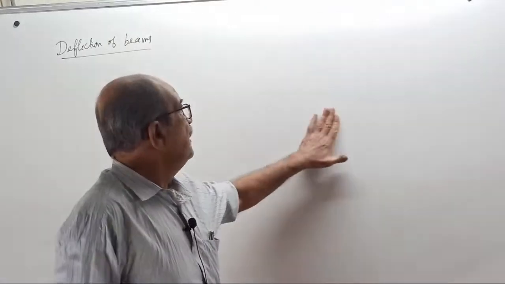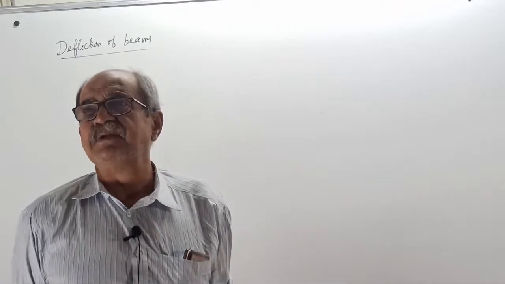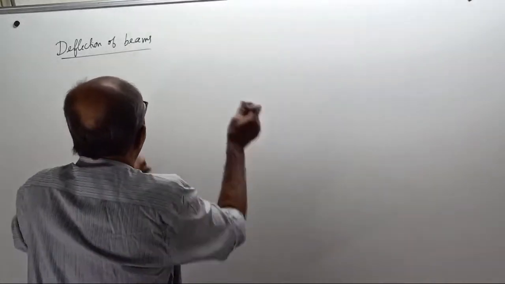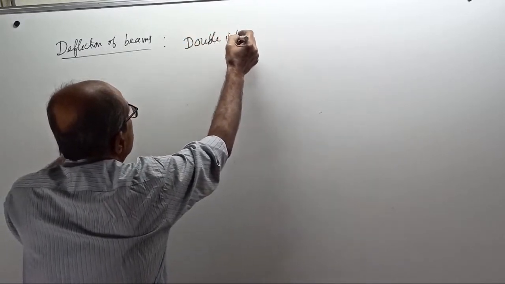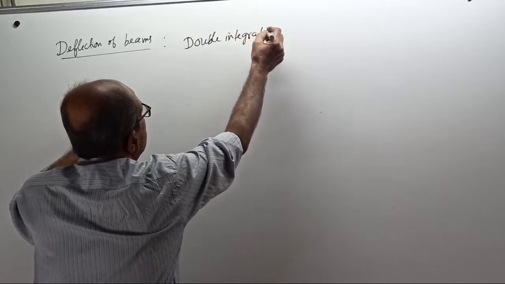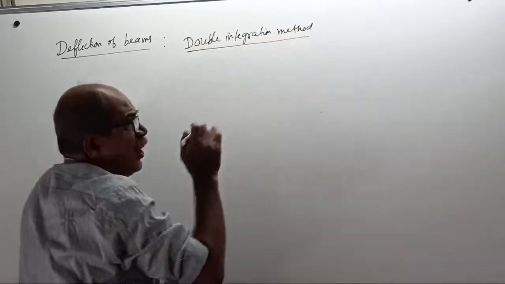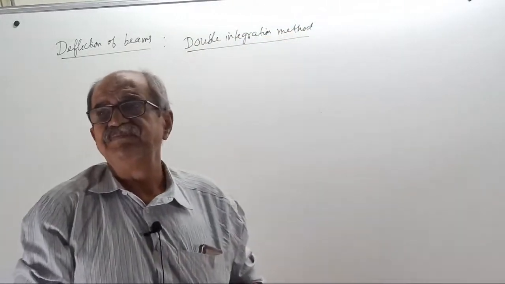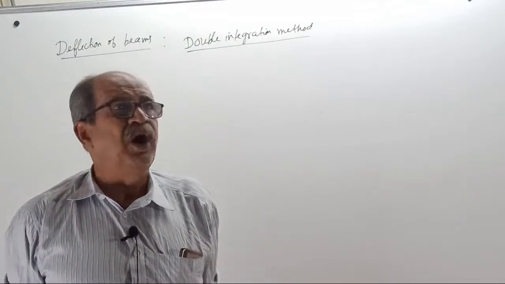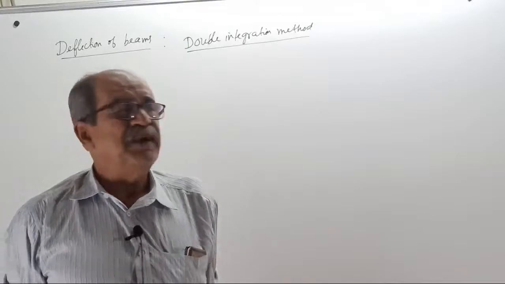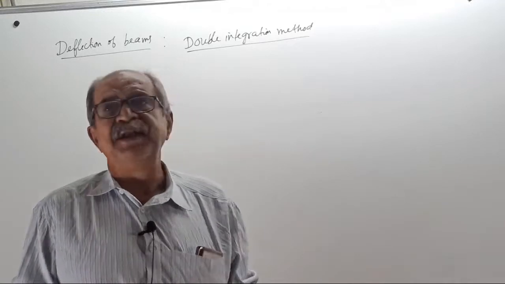Now, the basic concept is called the double integration method. Remember, this method has a drawback. This is the original method, so it has a drawback for application; you struggle sometimes, and I will show you. But the same double integration method with a slight modification will make it very simple.